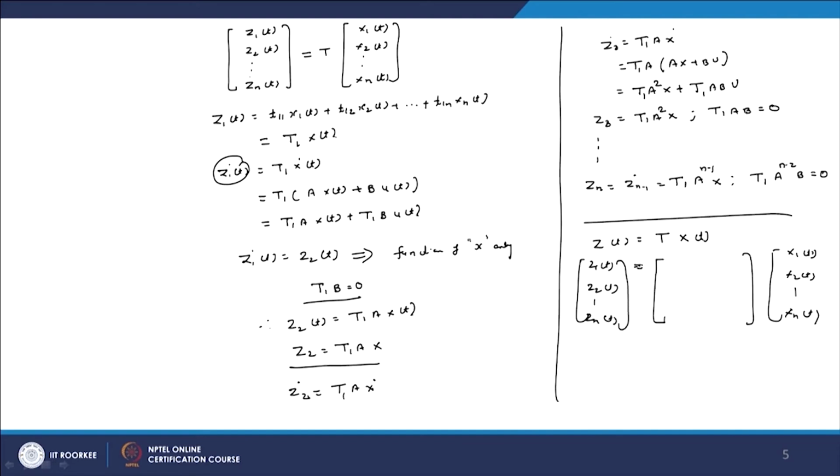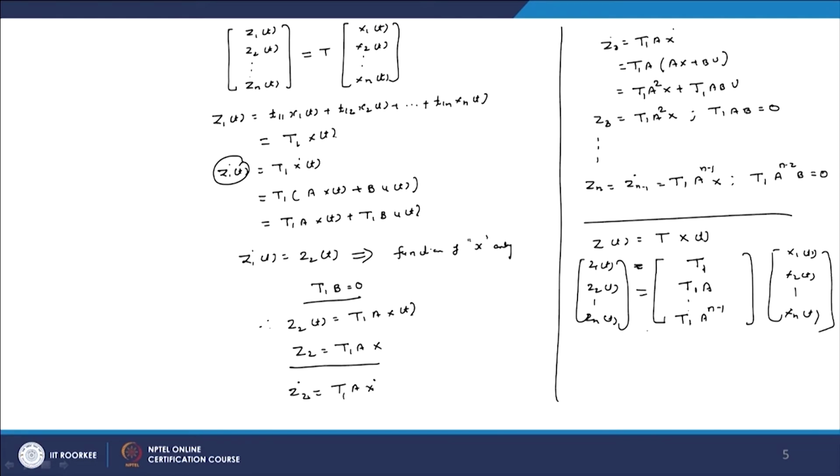So, we will find that z1 of t equal to T1, and here we will get T1 into A, and up to T1 A raised to n minus 1 into x.